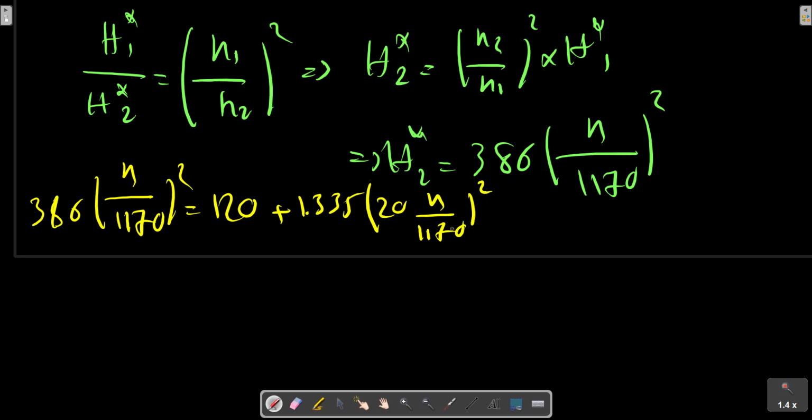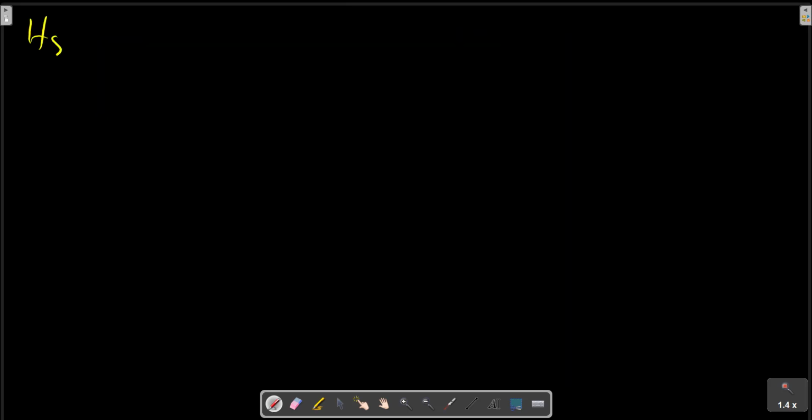this relation. This relation comes from this HS of the system plus Q square.